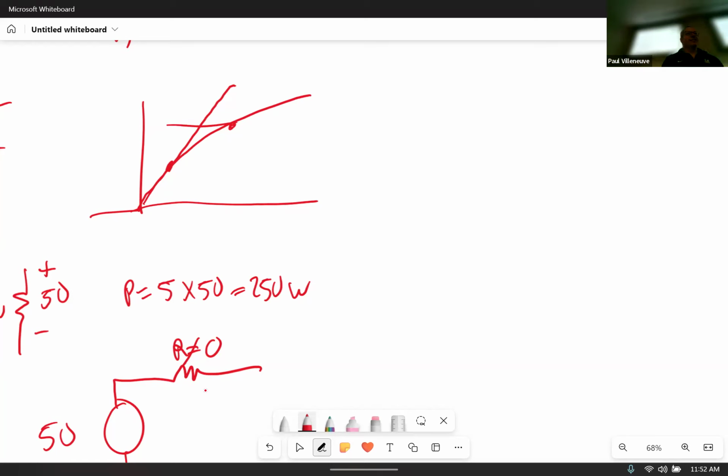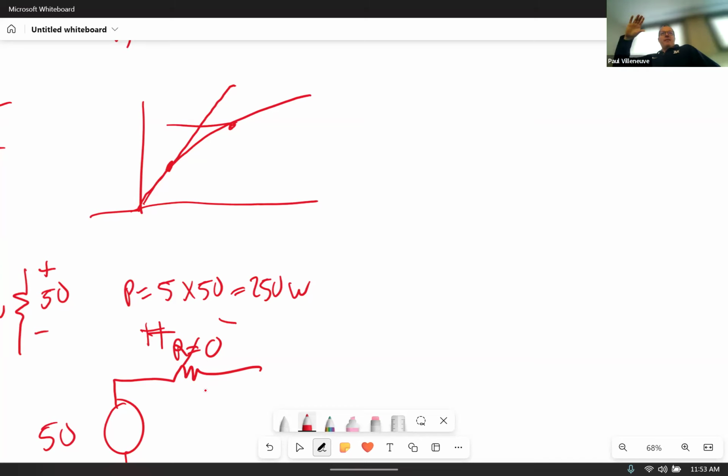Think about it. It's not a linear power supply, it's a non-linear power supply. So your voltage is changing. You think you get 50, but once you try to drive more current, the voltage drops. If you try to drive more current, your voltage drop across here increases. And so it's like an equilibrium state. It's specified that the voltage drop across the load is 50.